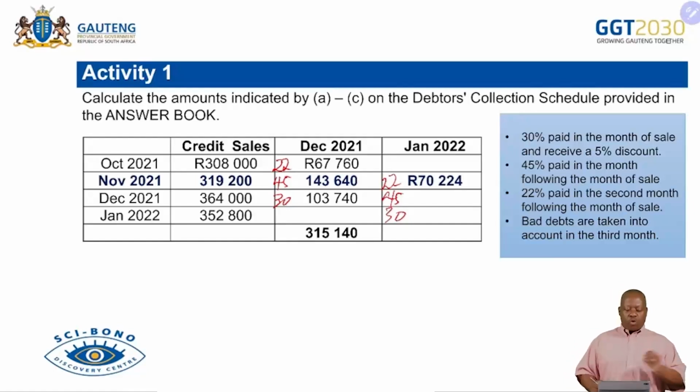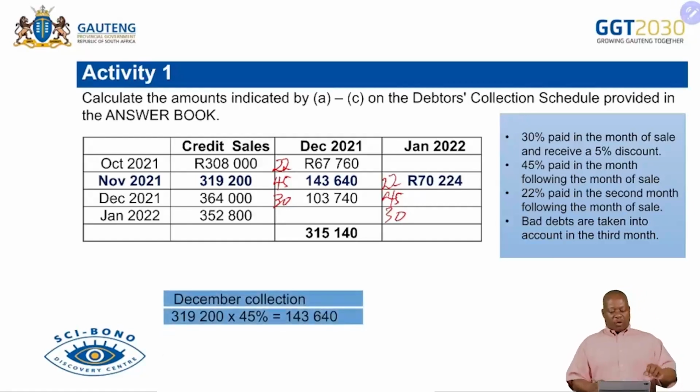So we now know when it comes to collection in December for the month of November, we are going to have our 319,200, we multiply by 45%. And you see where the 45% is coming from now. That's the second collection. And then we are getting 143,640. Straightforward.